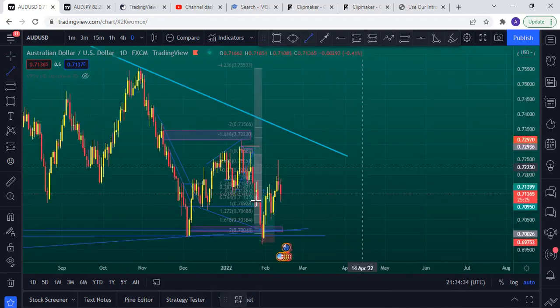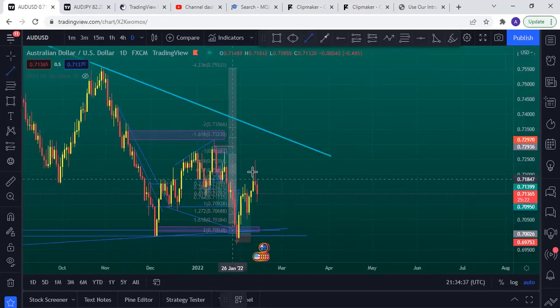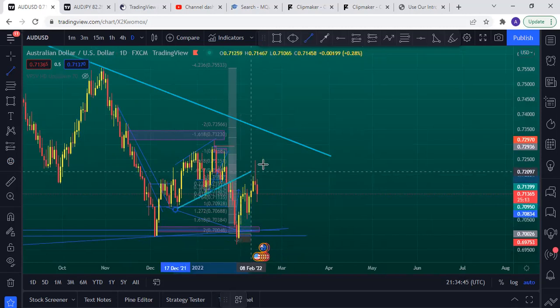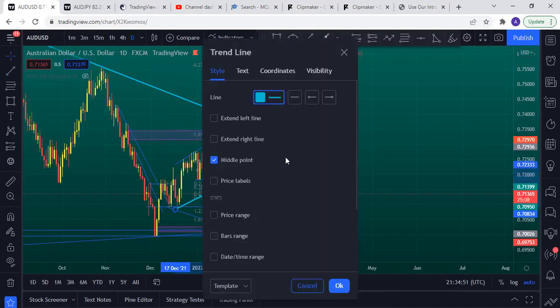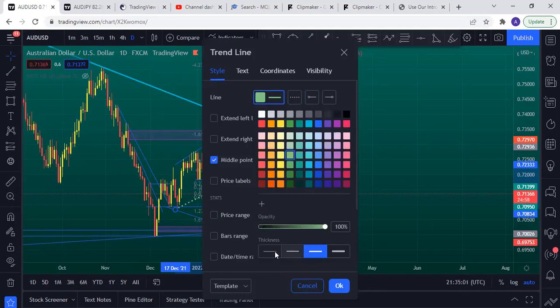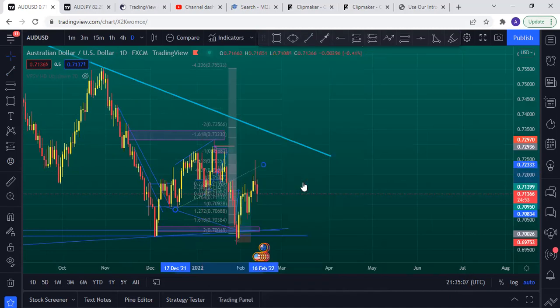Several, in fact. That's an example of an internal trend line. That's another example of an internal trend line.